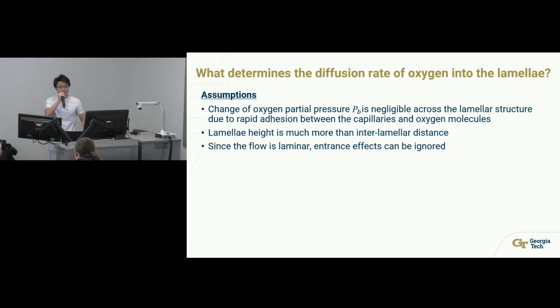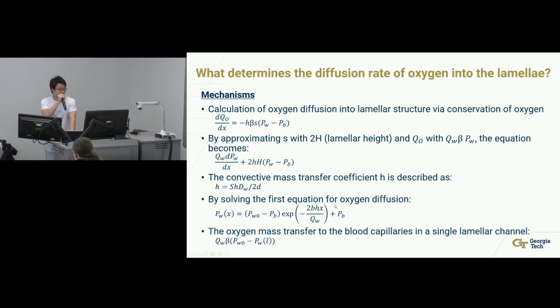That means after the oxygen diffuses into the blood, it spreads out really rapidly, so we can just ignore the distribution. Also, the laminar height is much more than the interlaminar distance, which is the width, so that we can simplify these equations afterwards. And since the flow is laminar, the entrance effects can be ignored.